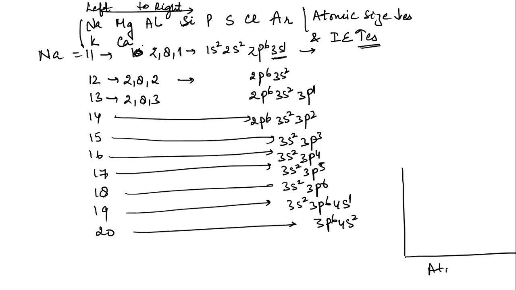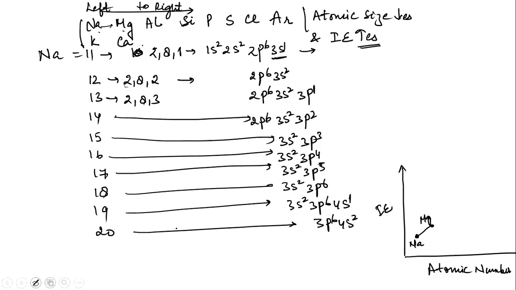So sodium will be at the lowest point. Then from sodium to magnesium, atomic size decreases, meaning more force of attraction. More force of attraction means more ionization energy. It will increase like this.